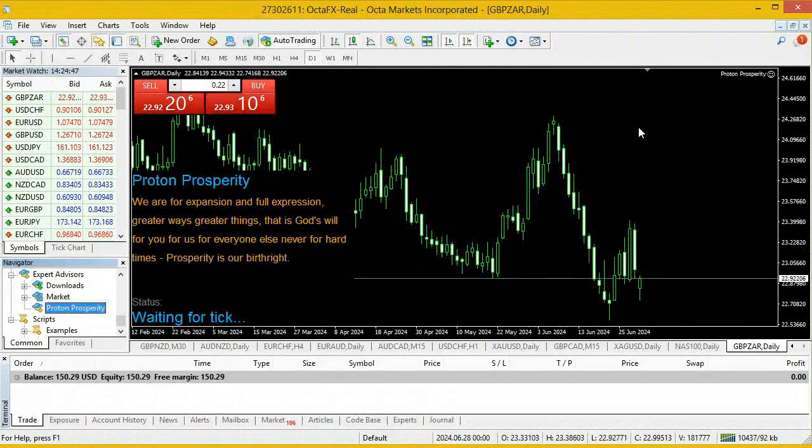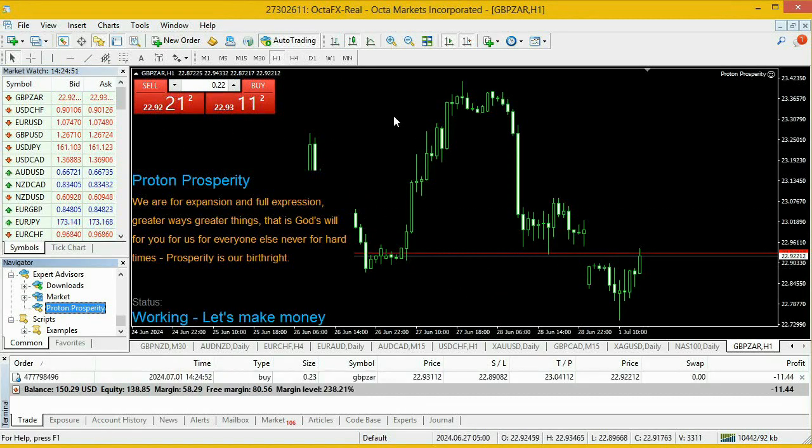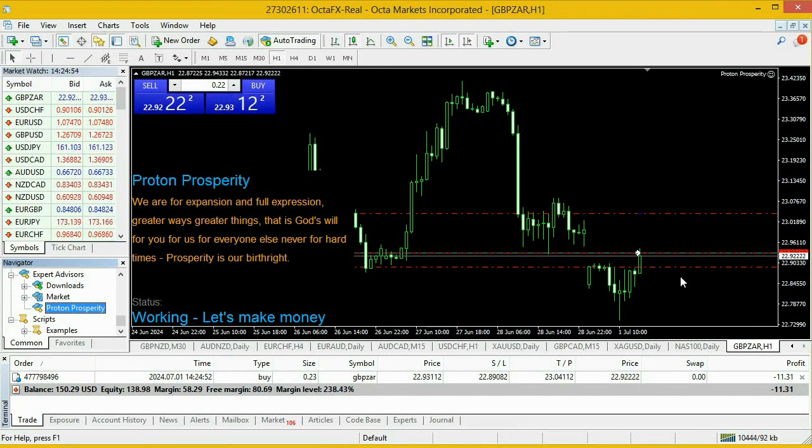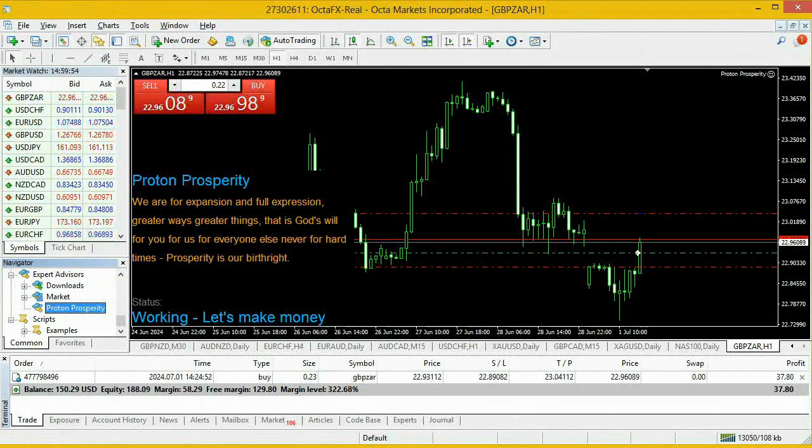The next trade is on the British pound and South African rand currency pair. Buy position executed. Our stop loss and take profit. Moving forward. 35 minutes into the trade. This is where we are.